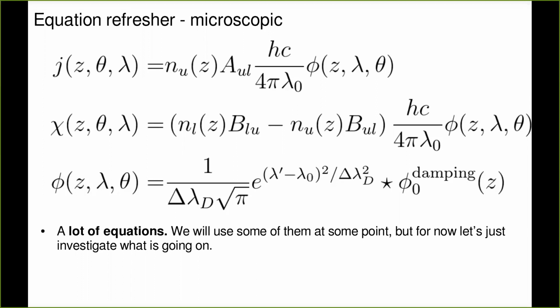So emissivity and opacity, j and chi, depend on the position in the atmosphere, on the direction, and on the wavelength. For example, emissivity is equal to the local number of excited atoms, which depends on the point in the atmosphere where we are.